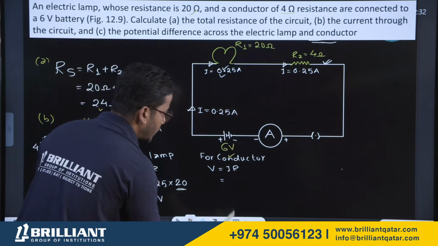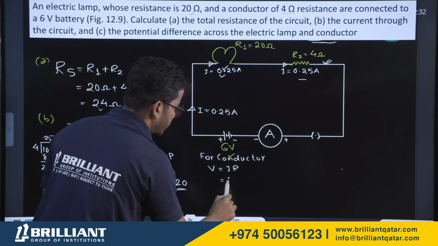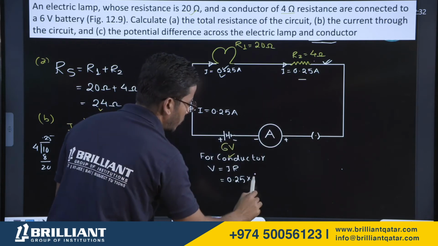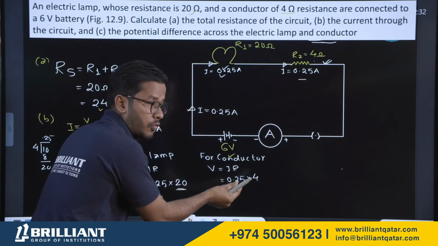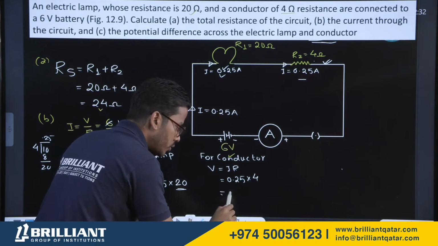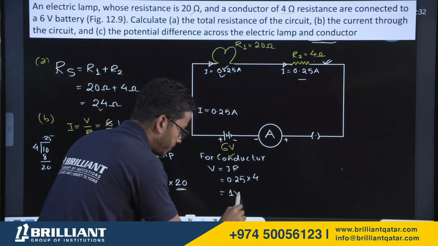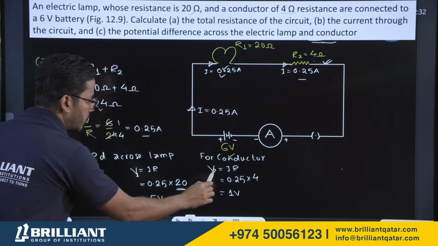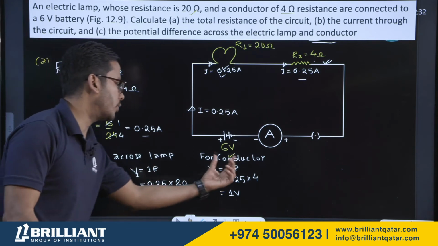So what is the current value? 0.25 into what is the resistance? You have 4. So what I told you, any number you multiply with 0.25 is half of half the number. So half of 4 is 2 and half of 2 is 1. All right, let it be V1 and let it be V2. V1 for lamp, V2 for conductor.